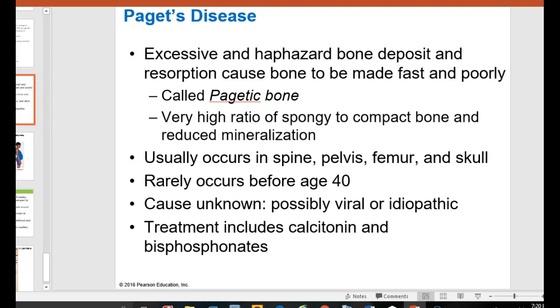So you get areas that are hypermineralized or hyperdense. And then the body quickly realizes this isn't normal. I need to fix this. And then bone degradation happens fairly quickly as well.